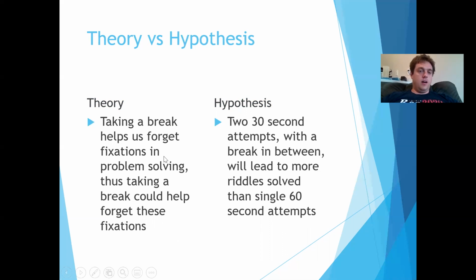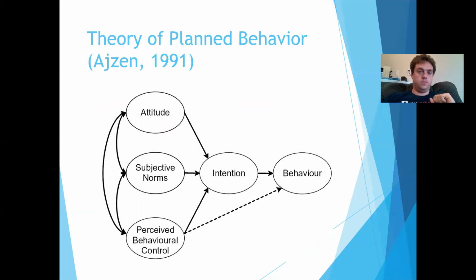By the way, we actually do this experiment in my Cog Lab if you're interested. And then fixation, problem solving, well, that's the riddles, helping forget those fixations. That's the inferred part. The fact that they are solving more problems is the more concrete observation that inference is based on.